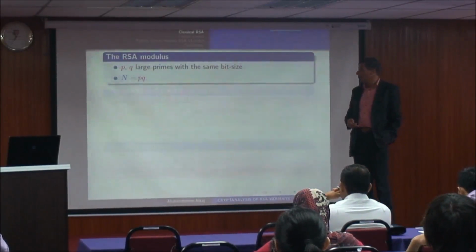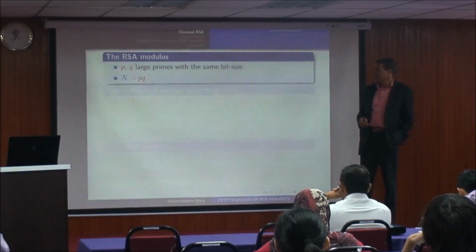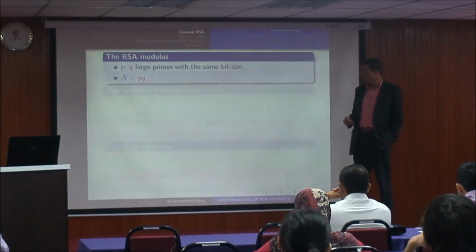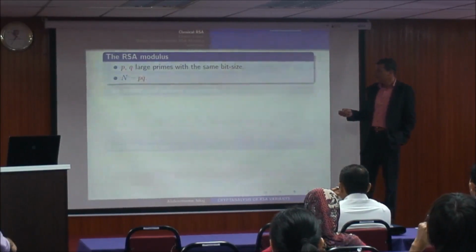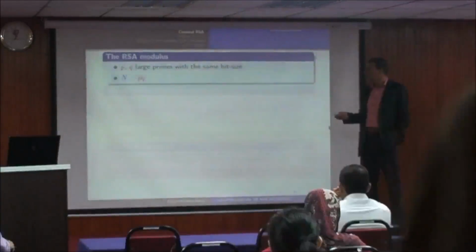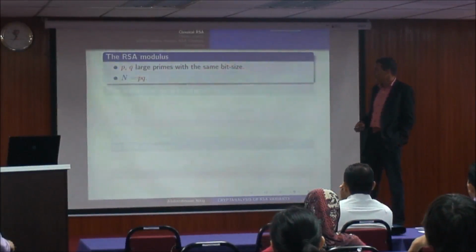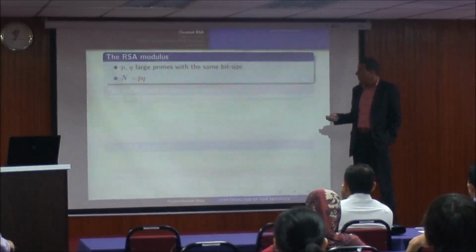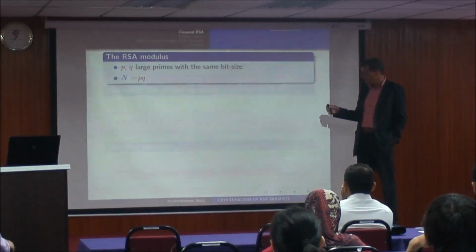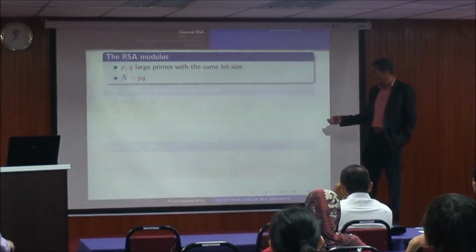The RSA modulus is the product of two large primes. So first, choose two large prime numbers, p and q, and compute the product n equal to p times q.